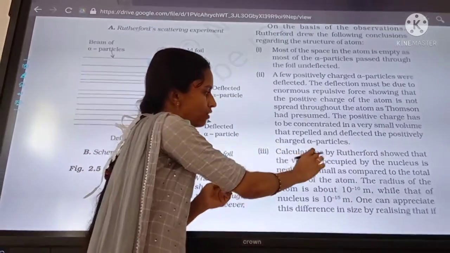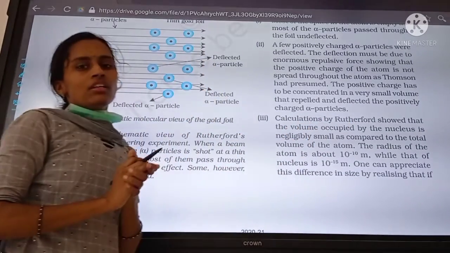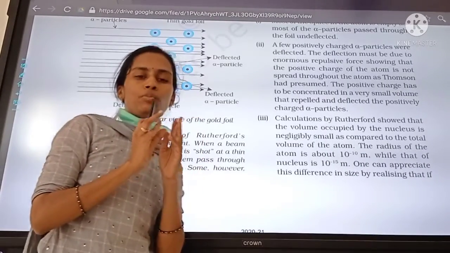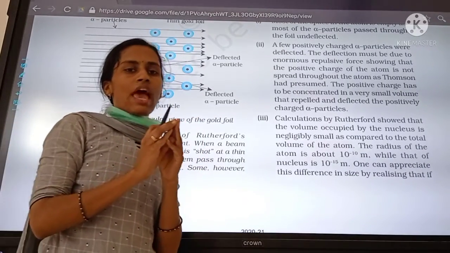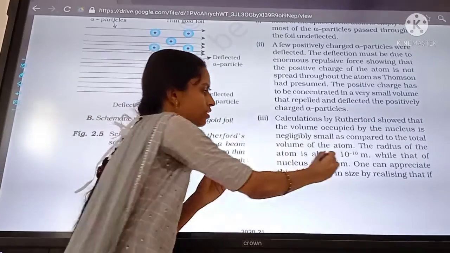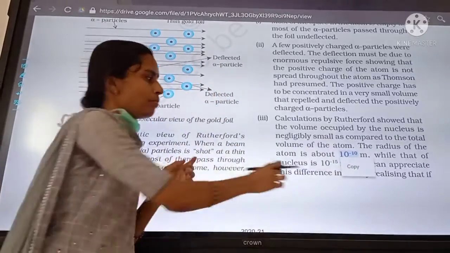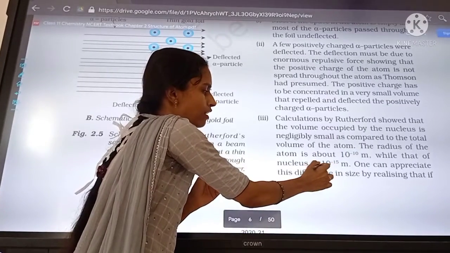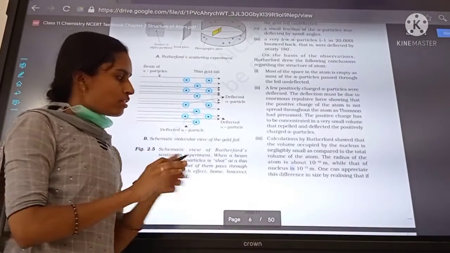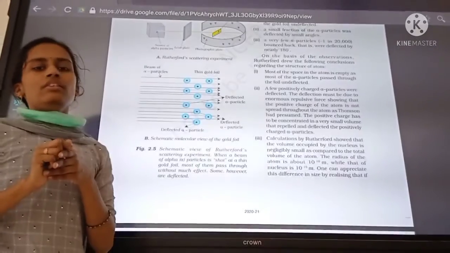Next, Rutherford showed the volume of the nucleus. He named that positive space the nucleus, and the nucleus is very, very small. If the atom is about 10 power minus 10 meters, the nucleus is 10 power minus 15, so it is very, very small in size.